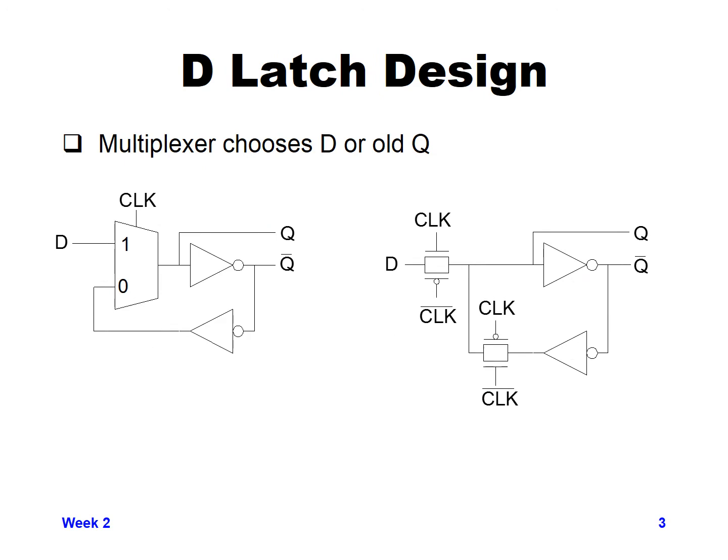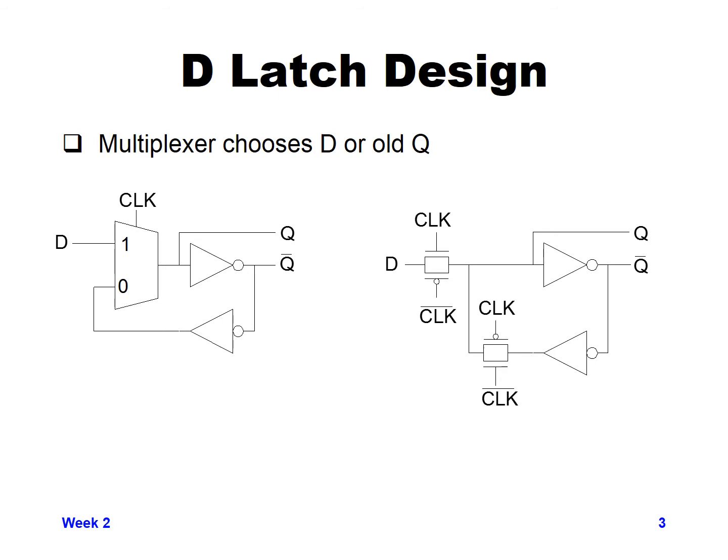Now that we know logically how we want a D-latch to behave, let's look at how we can create the circuit that will actually create that logical function. Basically, we want the value of Q to equal the value of Q if clock is low, or the value of Q to equal the value of D if clock is high.